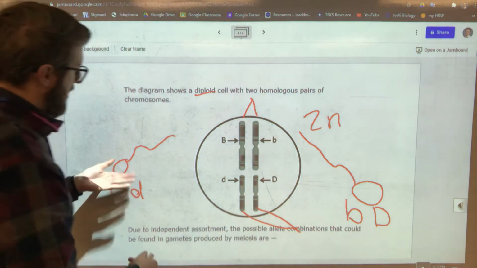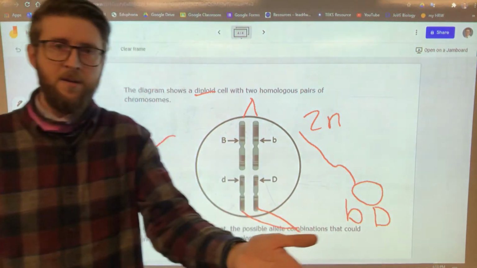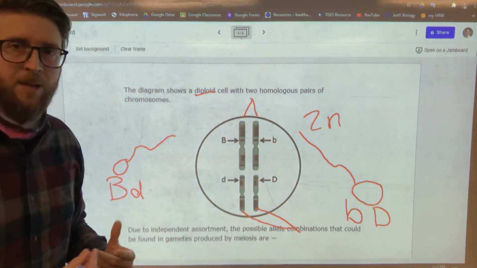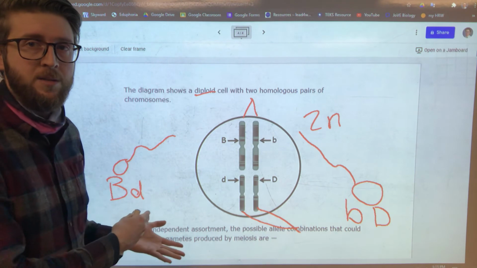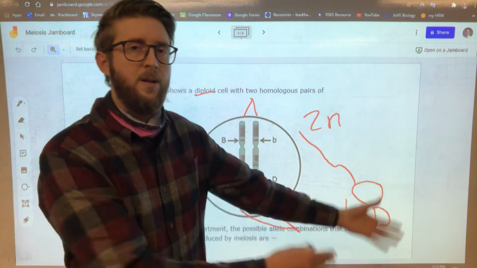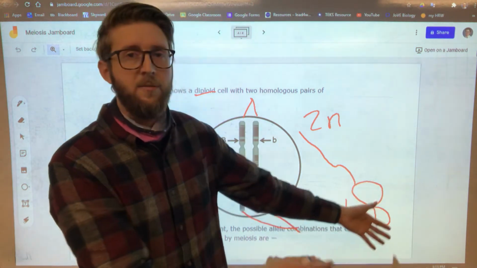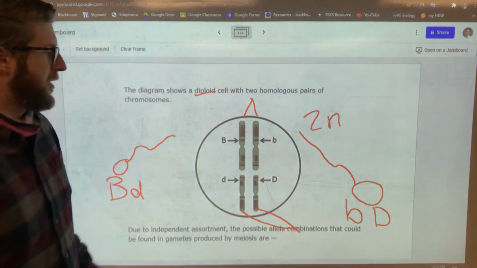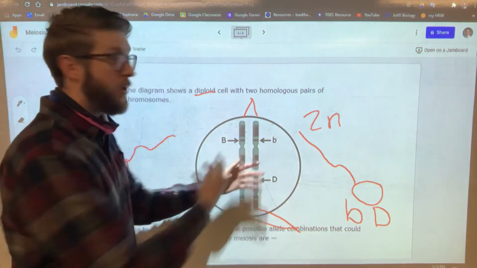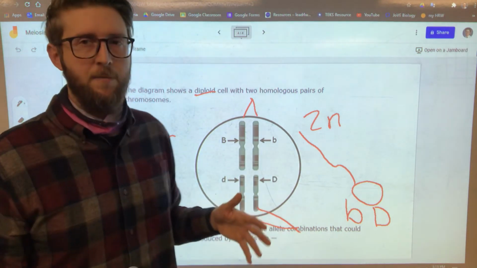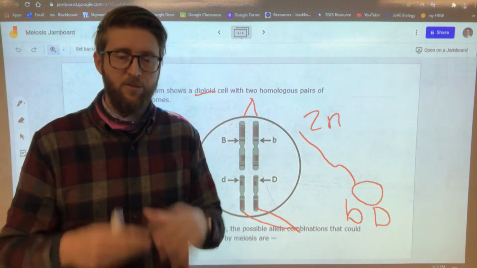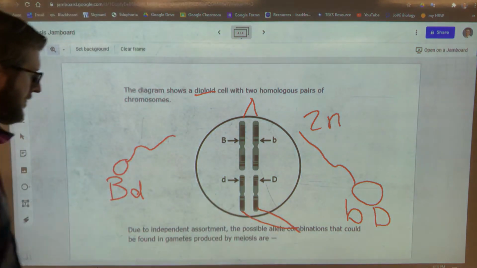So if this sperm were to fertilize the egg, then the baby would have a different genotype. It would have different alleles and genes than if this sperm were to go and fertilize the egg, okay? And this process is completely random. So which one goes where is completely random, which just adds to the variation, which once again is good for the species as a whole.